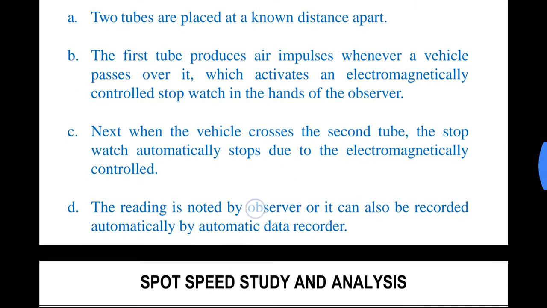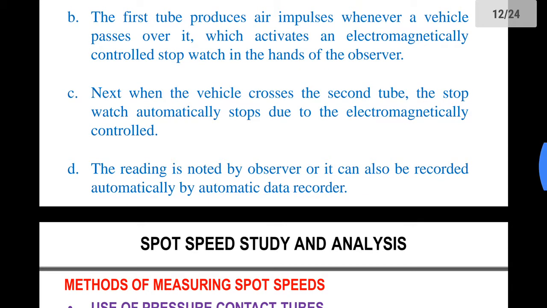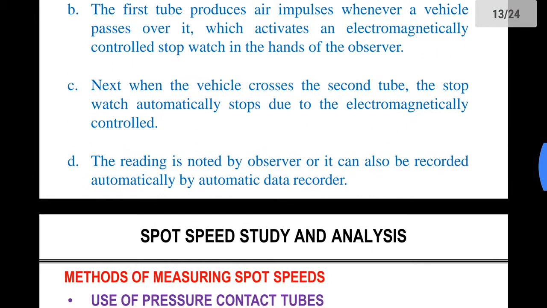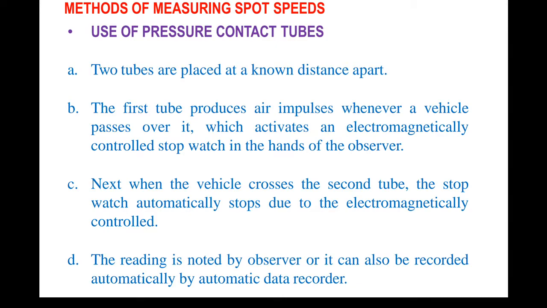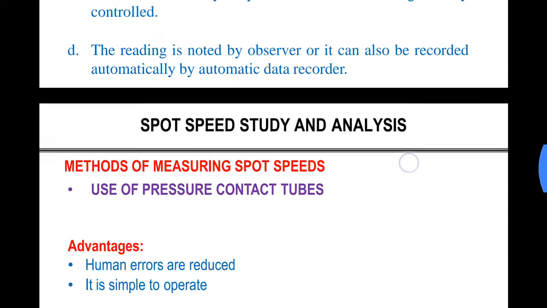The reading is noted by the observer, or it can also be recorded automatically by an automatic data recorder. Here the starting and stopping of the stopwatch will have no error, since it is controlled by the pressure tube, and there is very little work for the surveyor.